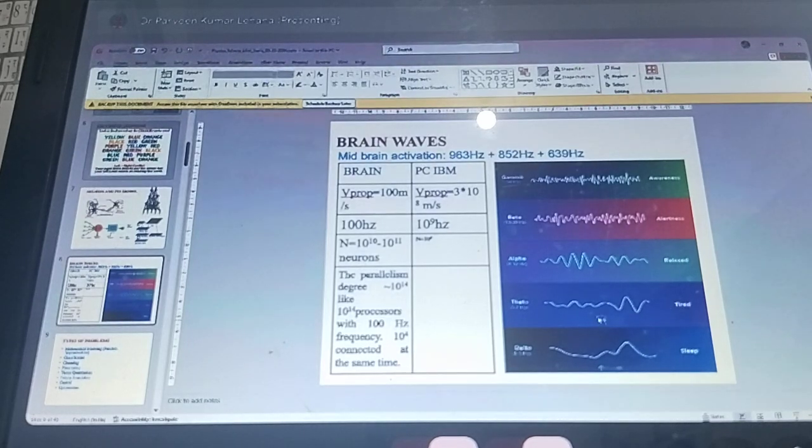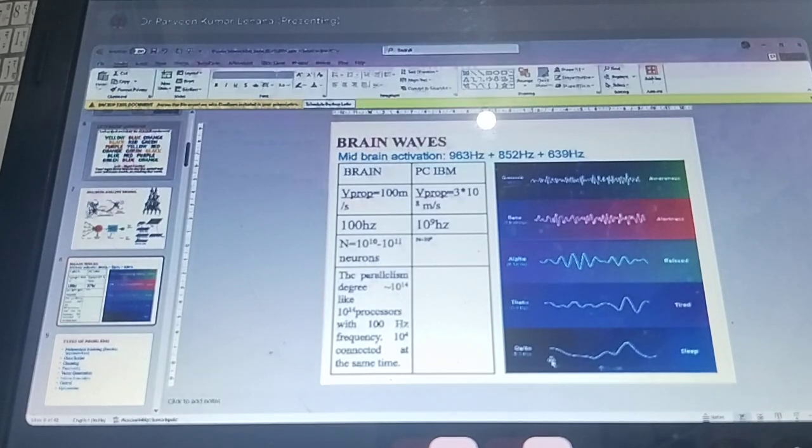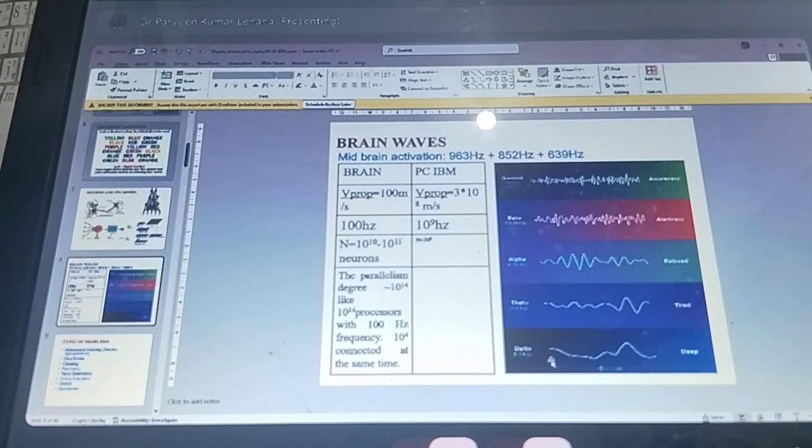When we feel tired, the wave generated within the brain is theta wave, and the frequency is 4 to 7 hertz only. When we sleep, the wave generated is called delta wave, and its frequency is about 1 to 3 hertz only. So when we go towards calmness, the wave generated within the brain goes to very low frequency.